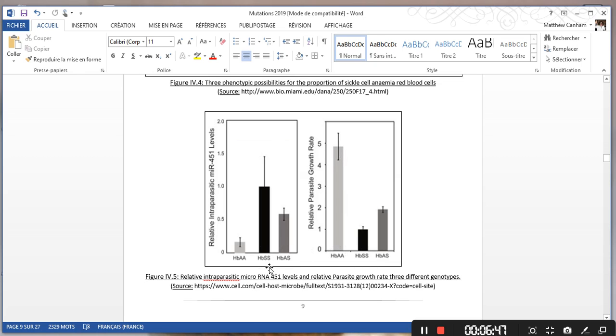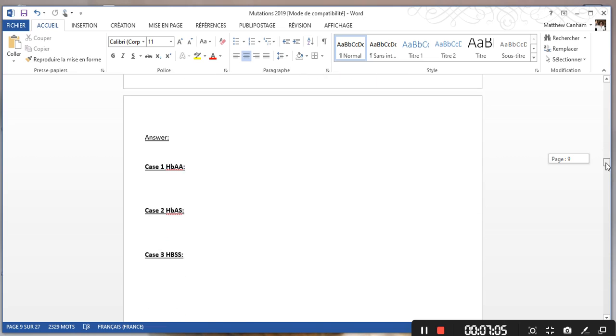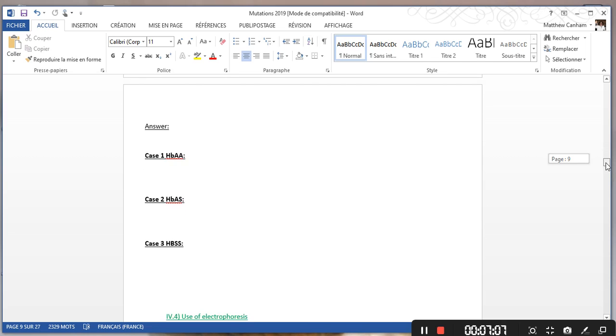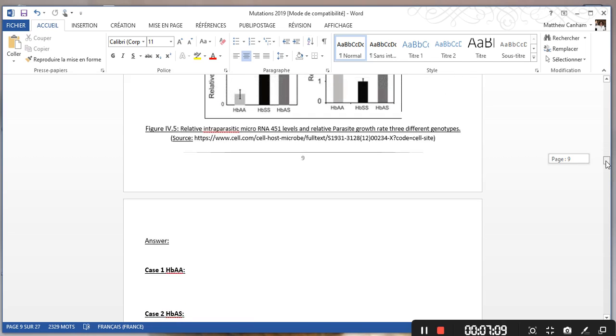So those with HBSS, they have a severe form of anemia. However, they don't suffer from malaria so much. And those of HBAS, they have a similar growth rate to HBSS. So this is what I just said.